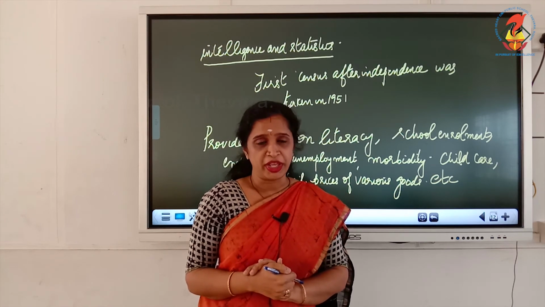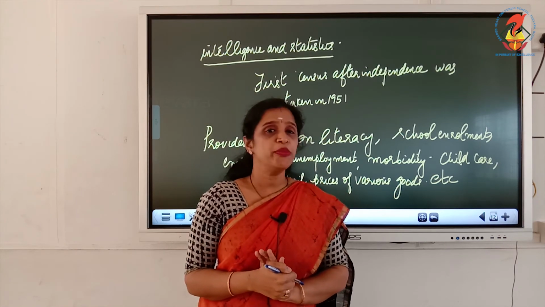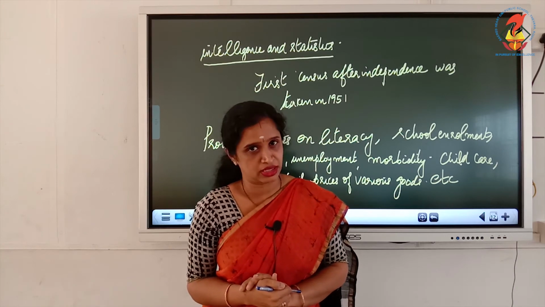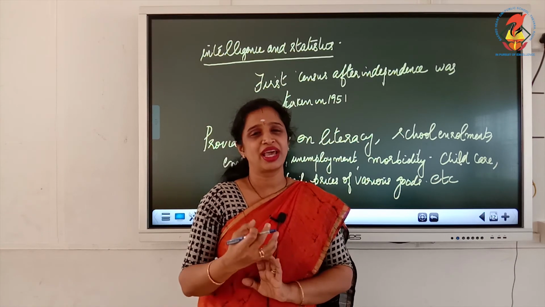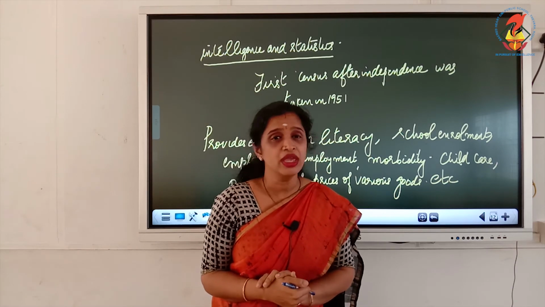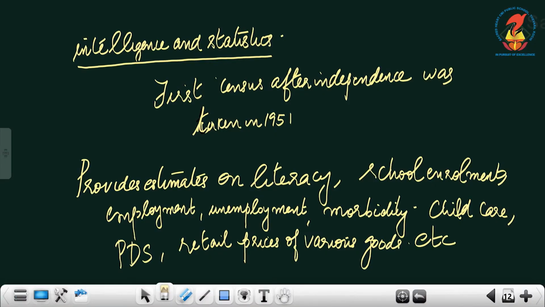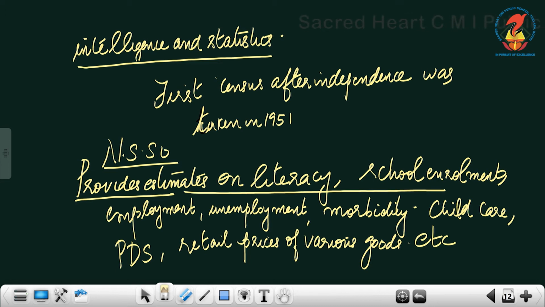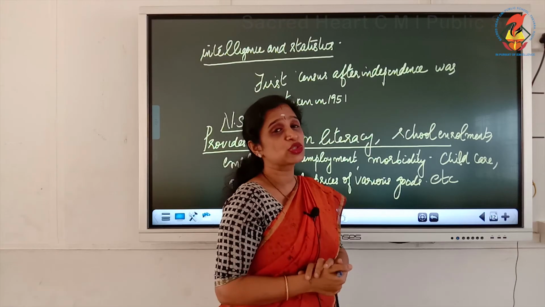Among these bodies, N.S.S.O plays a very important role in the census of our country. So let us have a discussion on N.S.S.O. National Sample Survey Organization provides estimates on literacy, school enrollment. What is meant by school enrollment?